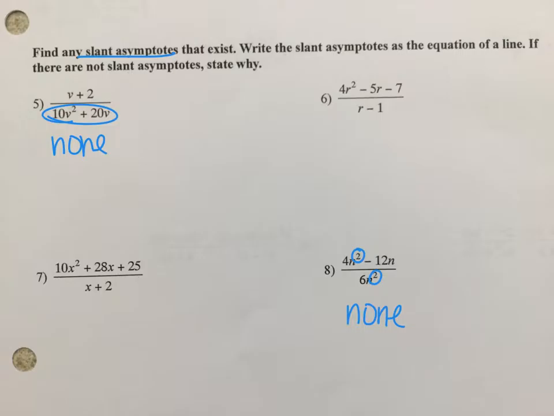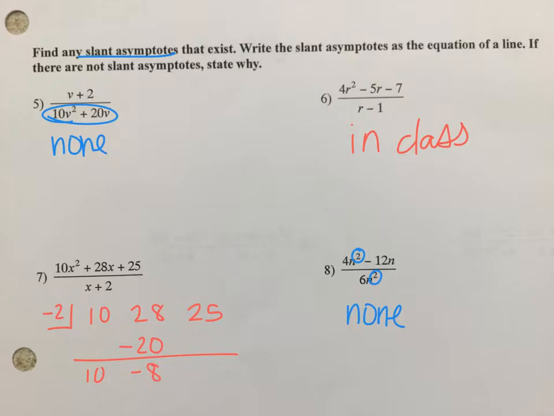If you have a slant asymptote, remember we did number 6 in class, and the note we made to ourselves is that if you have a slant asymptote, you need to divide. So I'm going to divide. Remember, I need to think opposite, so I'm going to put -2 here. I've got 10, 28, 25. I've got 10, multiply, add, multiply, and, oh, I did that wrong.